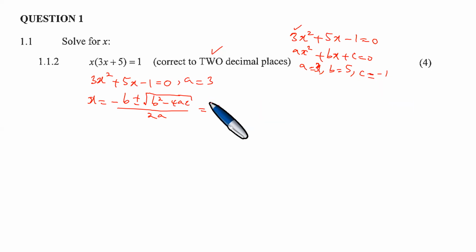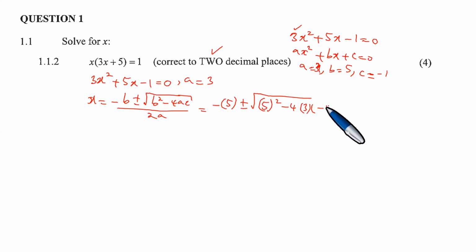In which case we substitute: minus b is minus 5, plus or minus the square root of b squared, which is exactly 5 squared, minus 4 times a, which is 3, times c, which is minus 1. Right, and we divide by twice a, which is exactly 6.